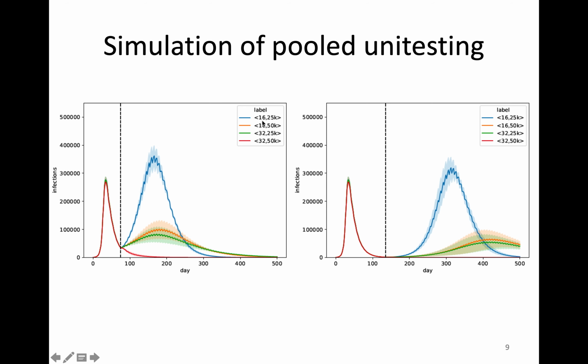So blue is pools of 16 with 25,000 tests, and we consider pool sizes of 16 and 32, and numbers of tests of 25,000 and 50,000. You can see that for the red curve, we have pools of 32 samples and 50,000 tests.